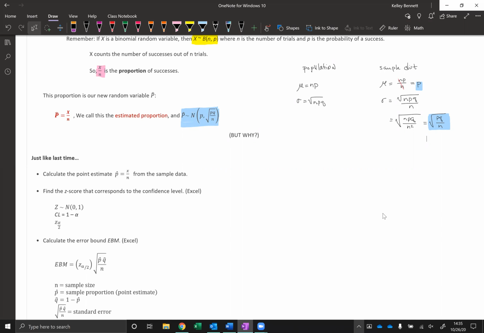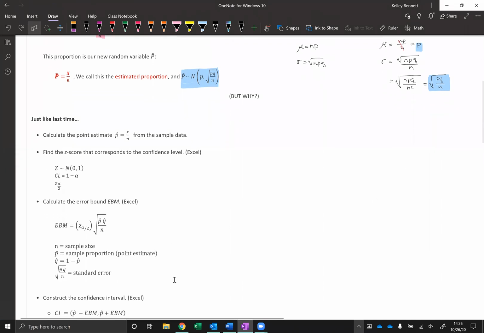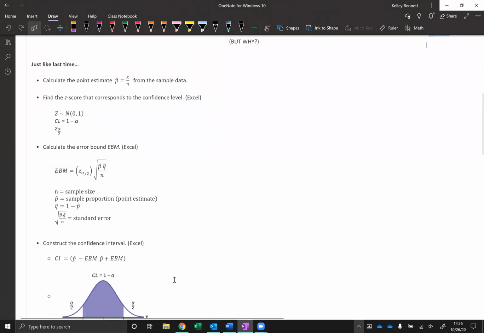This is kind of the difference between x and x bar. Q hat is just 1 minus P hat. Once we have our standard error and our critical z value, the product of those two is how we construct our error bound for the proportion.